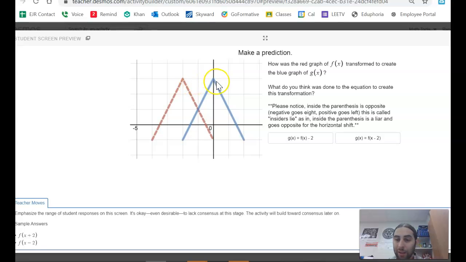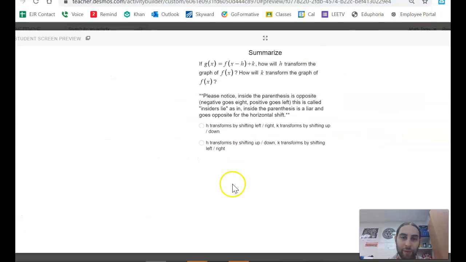All right, so to go from this red to the blue, it went to the right 3. That means, again, horizontal, left to right, is inside and it's a liar. So inside the parentheses and right 3 means -2. So -2 inside the parentheses, not outside. This is vertical, but this is horizontal to the right 2. All right.